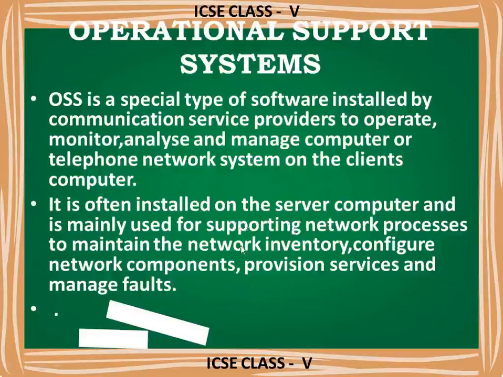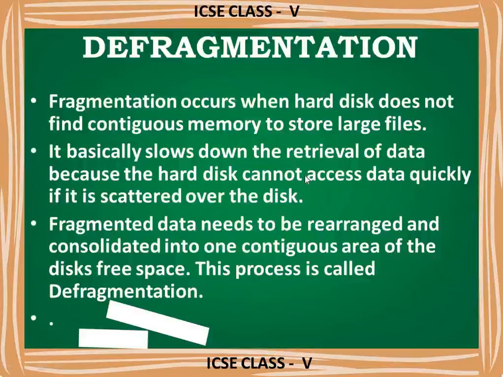Once they do that work on the server, all the clients can automatically access those services. So the changes reflect in other systems and devices, and users can access all the services installed on the server. That is the operational support system.